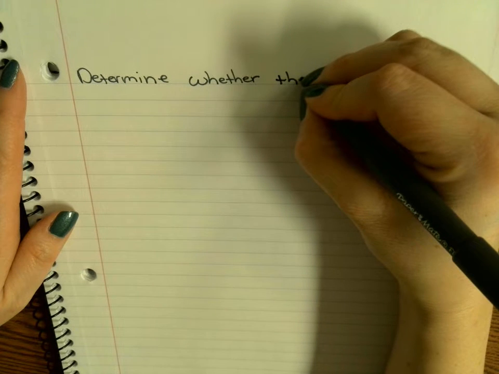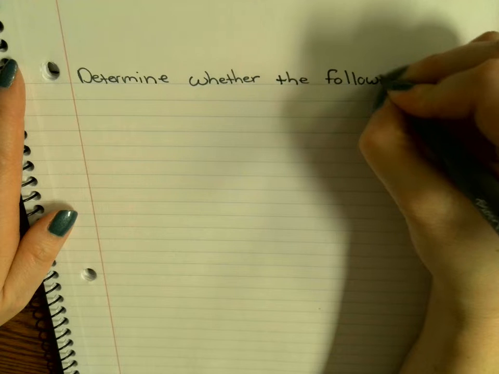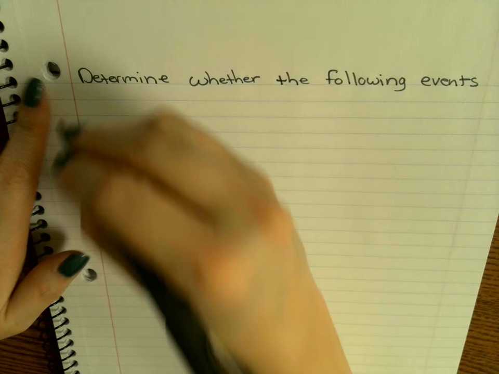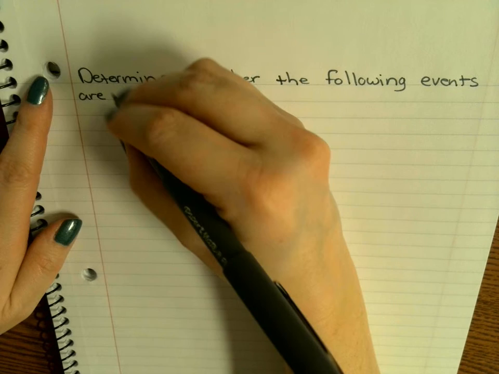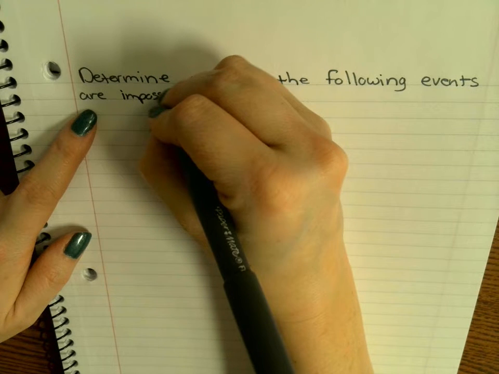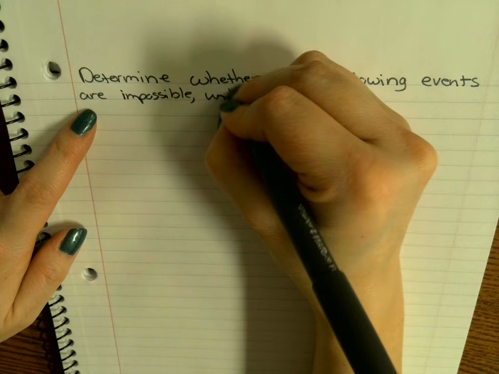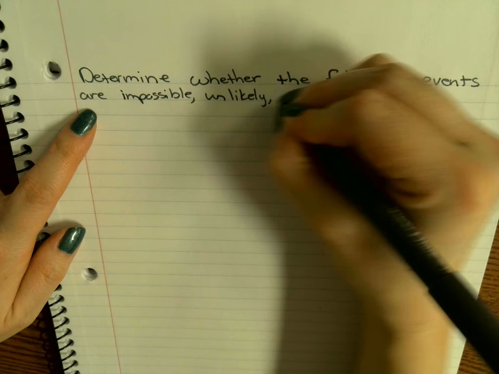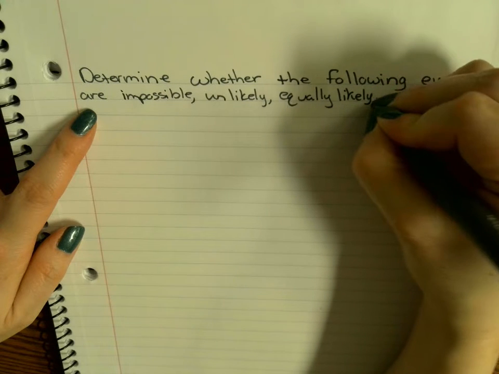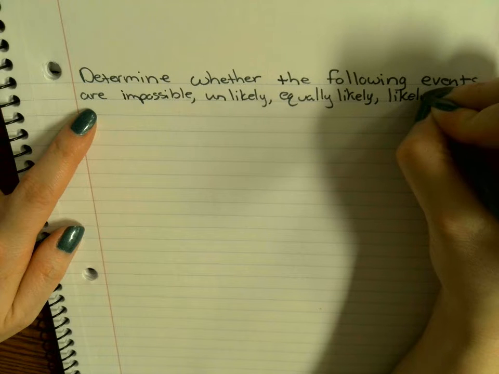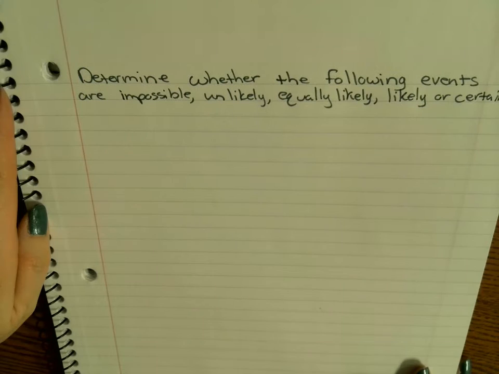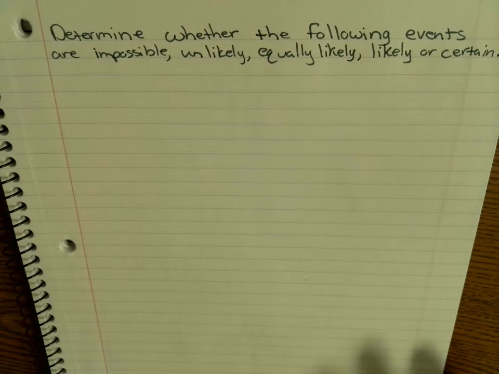So that means that you'll have to identify what the probability is first, and then describe the terminology. Okay, so you're going to describe if it's likely, unlikely, equally likely, impossible, certain.